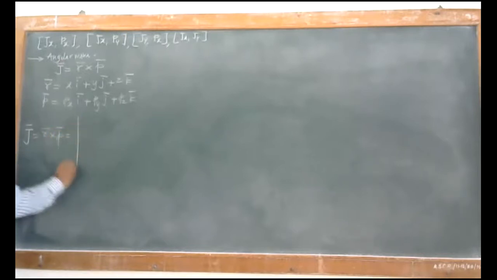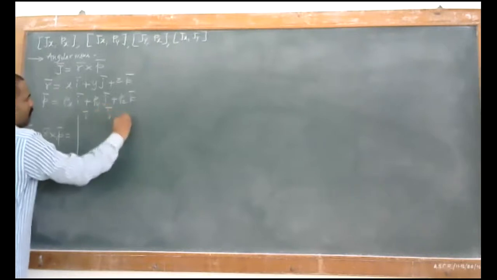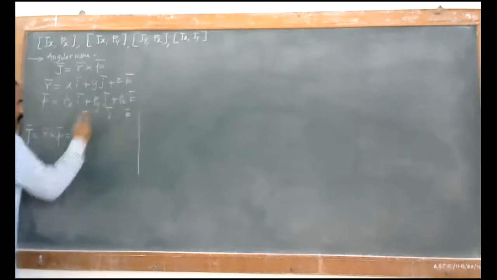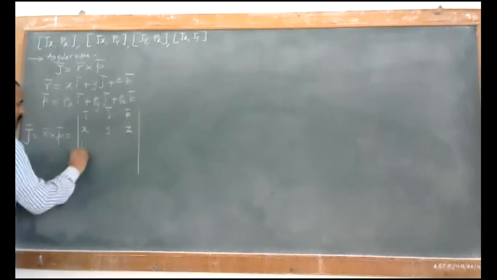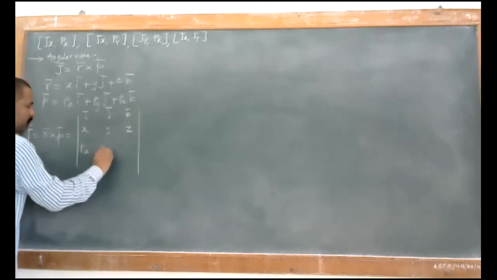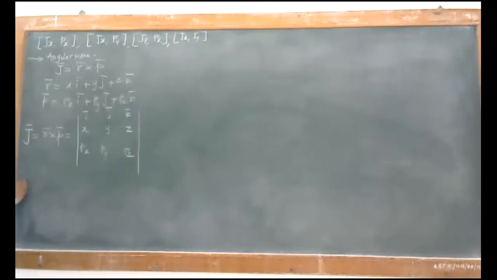This is the determinant with rows i j k, x y z, and px py pz. What should the product be now? The i component is i times (y pz minus z py).